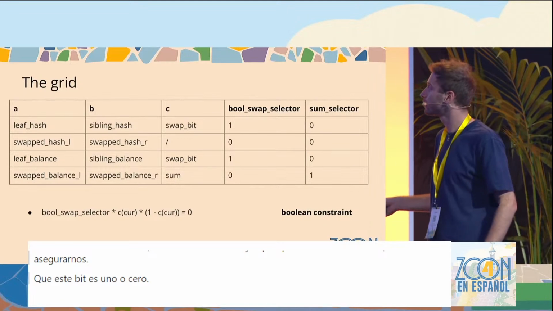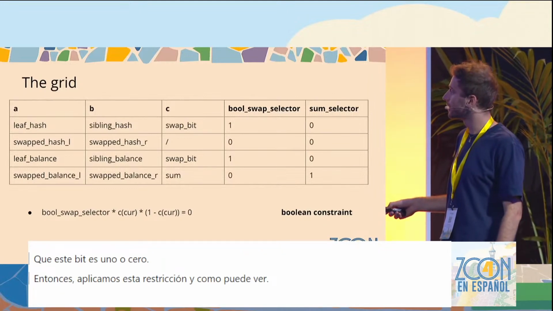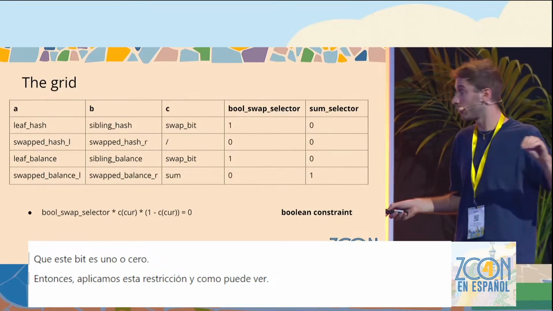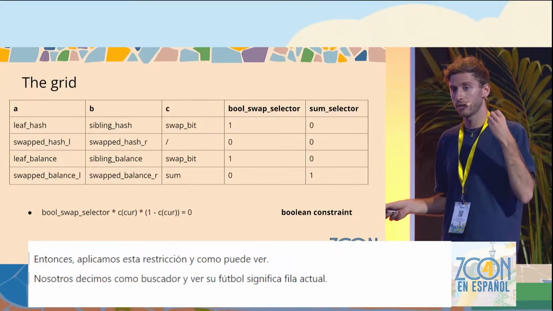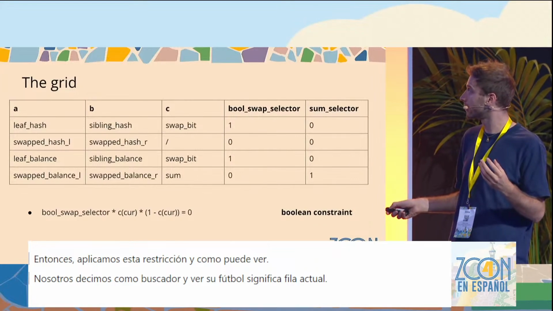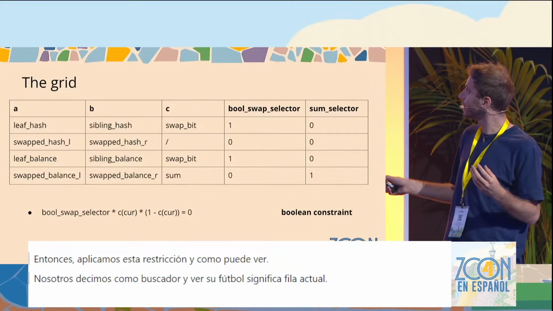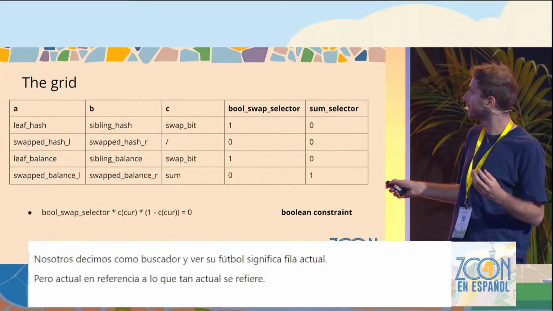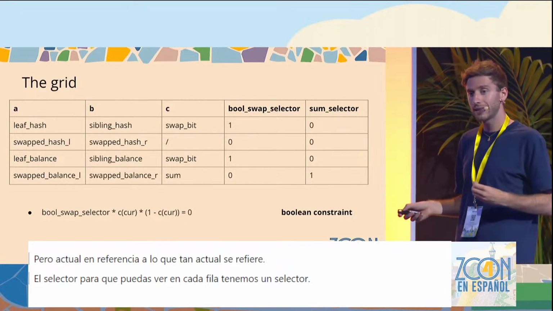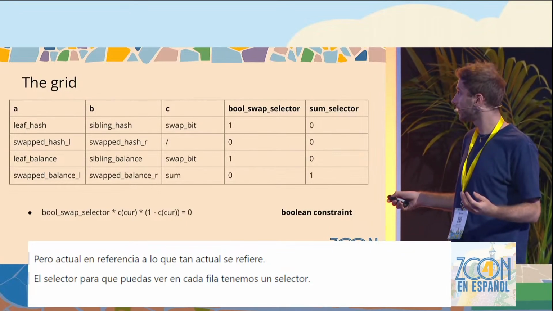As you can see, we say C cur and C cur. Cur means current row, but current refers to what? Current is referring to the selector. At every row, we have a selector, and if we activate the selector, we are basically activating this constraint.